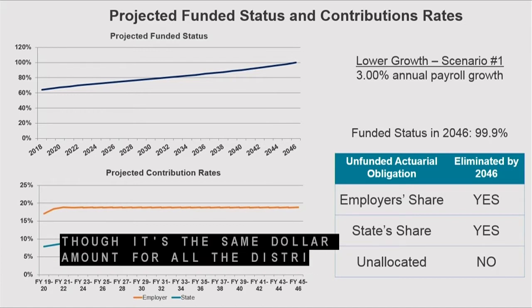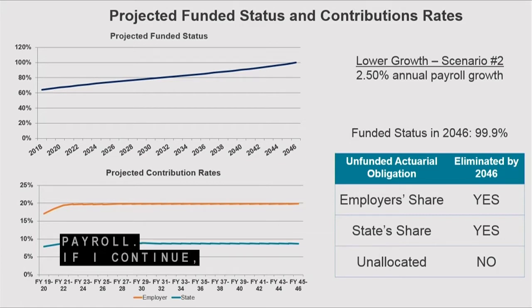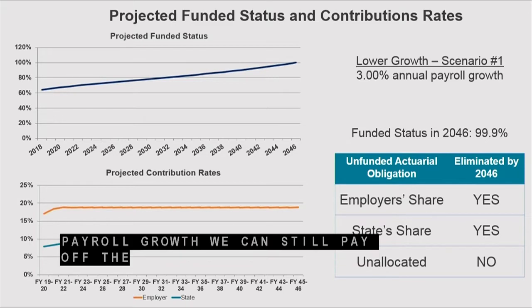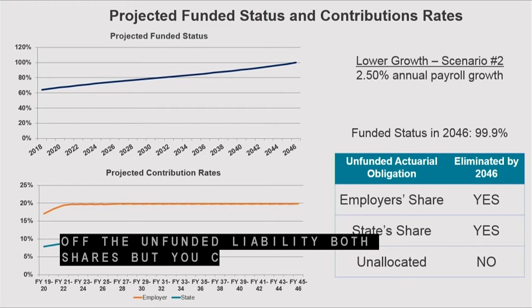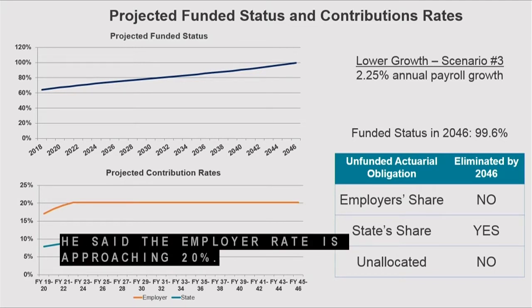And again, if we have 2.5% payroll growth, we can still pay off the unfunded liability for both shares, but you can see that the rates are going higher. Now the employer rate is approaching 20%. And if we were to go to 2.25% payroll growth, now you start to reach a point where the employer rate goes to the maximum.